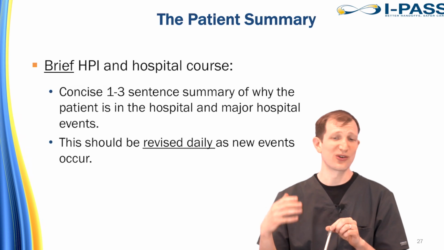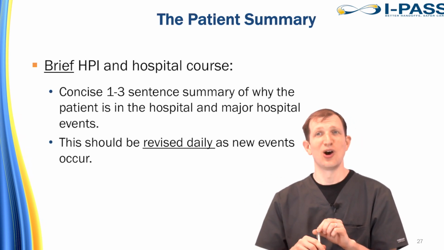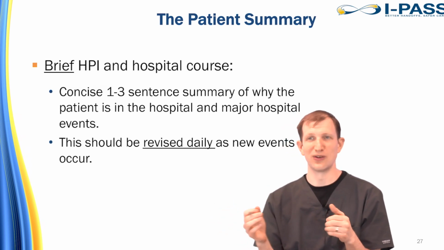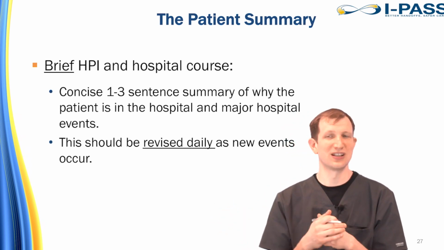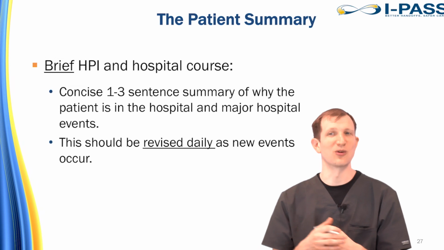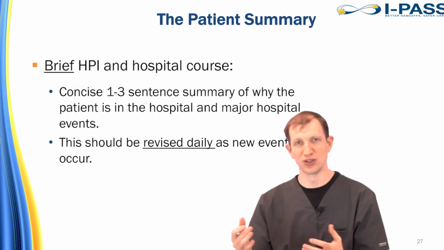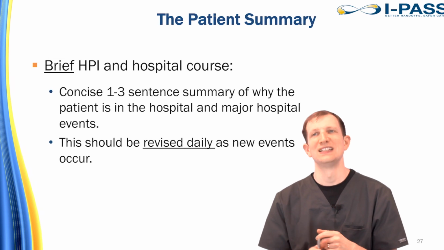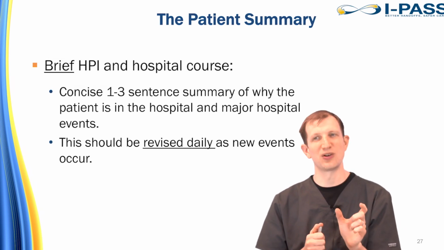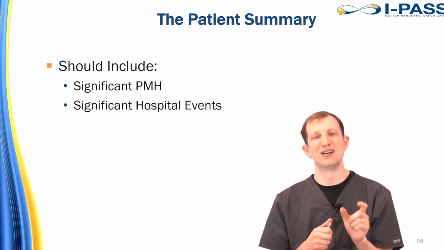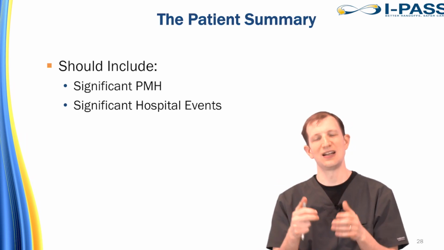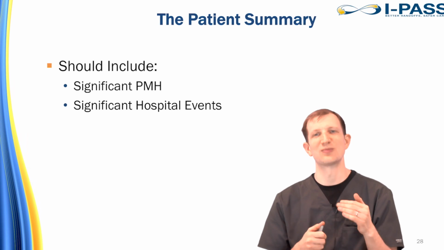So on the 3rd or 4th day of hospitalization, hopefully you're not saying patient presented with shortness of breath and we don't know why. You're saying patient presented with a pulmonary embolism, or a pneumonia, or something like that. You have the diagnosis hopefully by then. It's brief, but it gives pertinent information: their significant past medical history and any big events that have happened in the hospital and how they're doing.